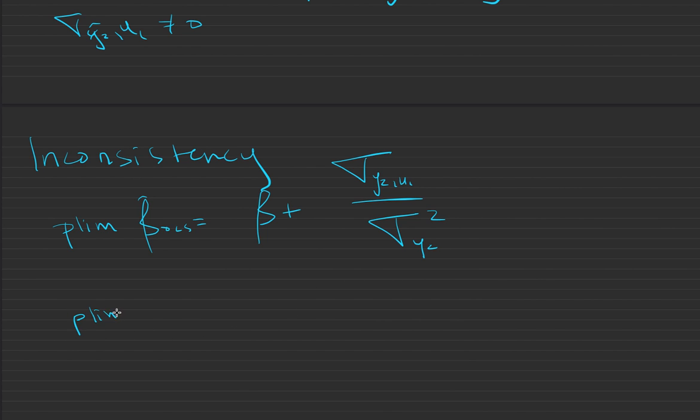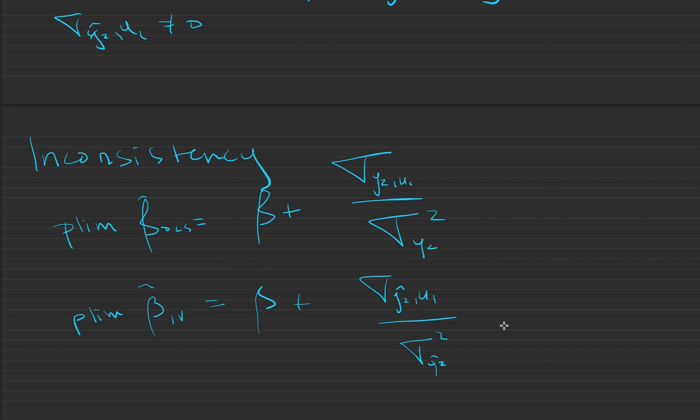The probability limit of beta hat IV is equal to beta plus sigma y2 hat u1 over sigma y2 hat squared, where y2 hat comes from the first stage.